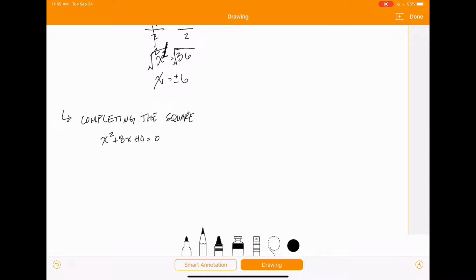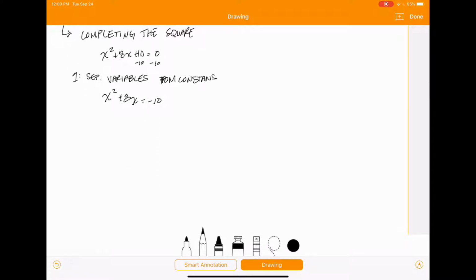So the first thing you're going to want to do is separate variables from constants. And all that means is anything up here that doesn't have a variable attached to it, you're going to flip to the other side of the equation. So we're going to go ahead and subtract 10 from both sides. So we'll be left with x squared plus 8x equals negative 10. Then the next thing you're going to want to do is complete the square.